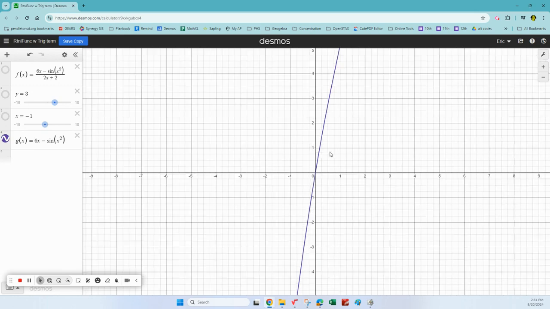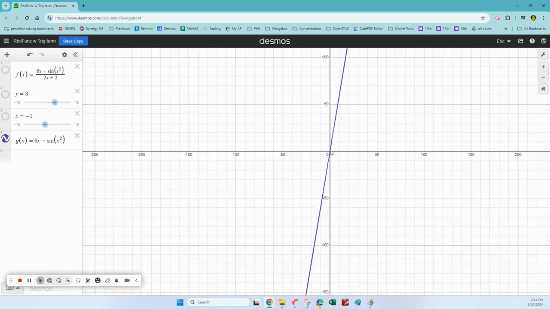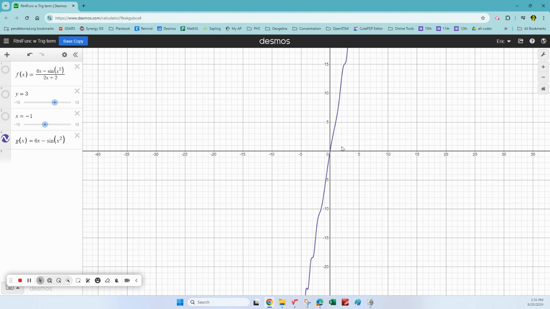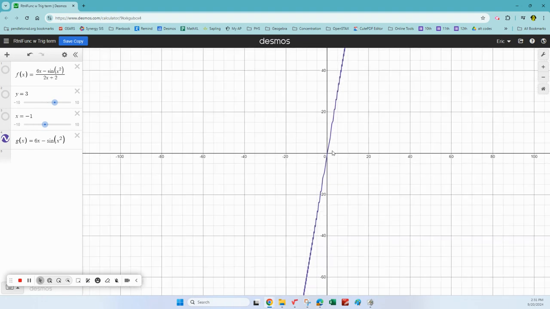Do you even see that it's wiggly? I mean, you can kind of see it a little bit, I guess, but it's a little bit wiggly. That's what the sine function does, okay? But ultimately, what is that graph going to look like if I zoom out?